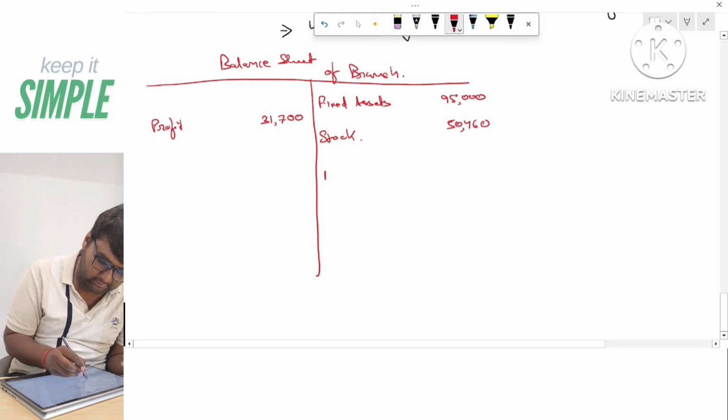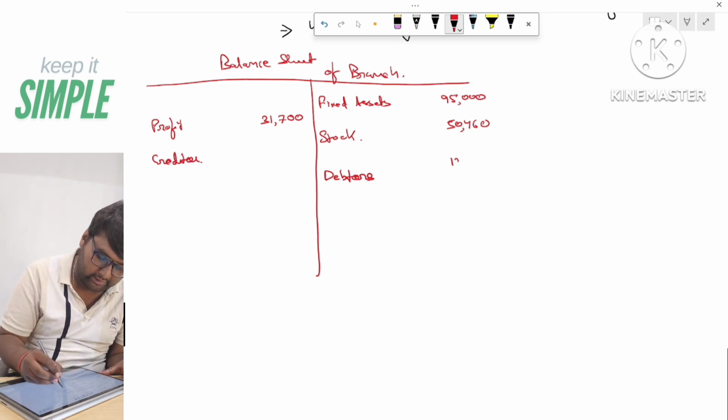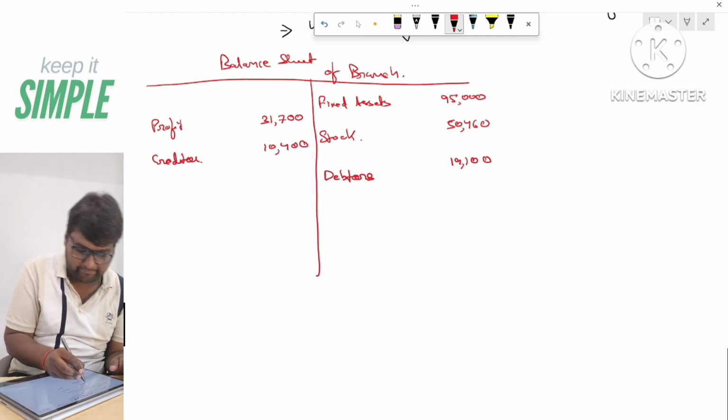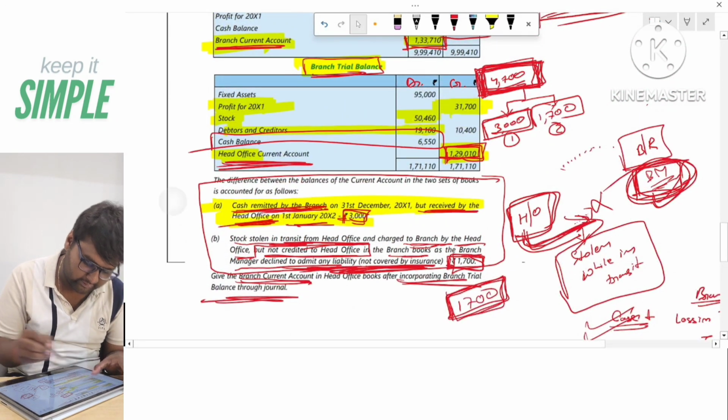Debtors and creditors, 19,100 and 10,400. Next is cash balance, 6,550.